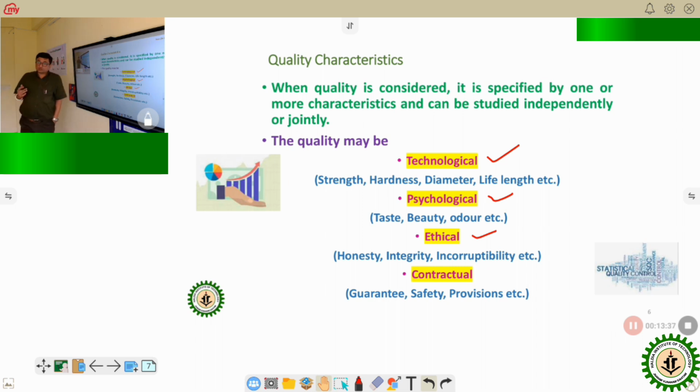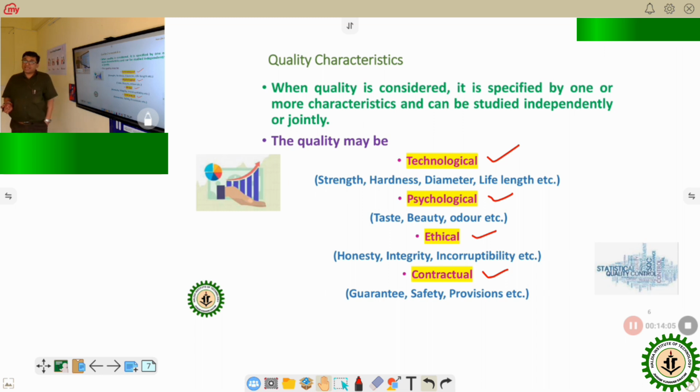So corruption is not acceptable. For example, once Maggi was found to have some iron component in it, and its sales decreased because consumers started disliking the product. So there was dishonesty. When you have honesty in your production, obviously your production will increase and the profit will also increase.